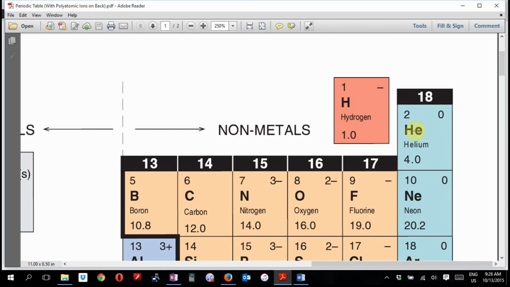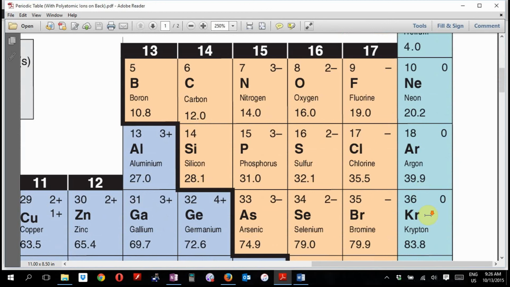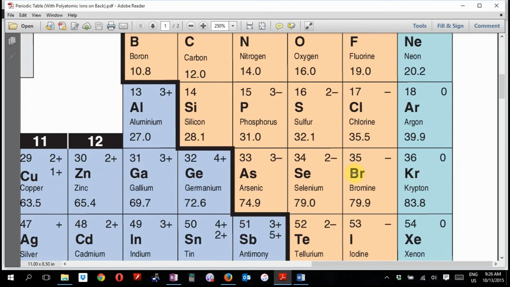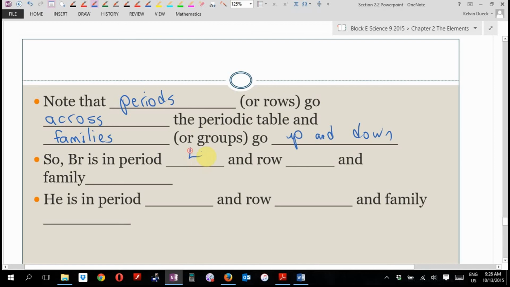Row 1, row 2, row 3, row 4. It's in period 4. And the nice thing is the column numbers are all labeled along the top there. Column number what? 17. And family, what do we name that family? Halogens.